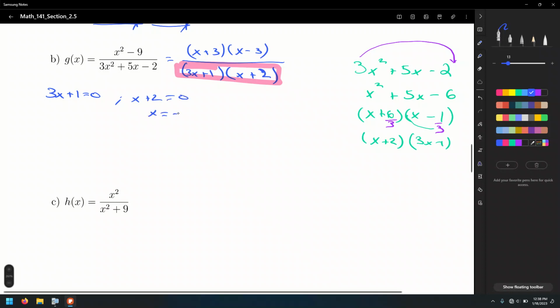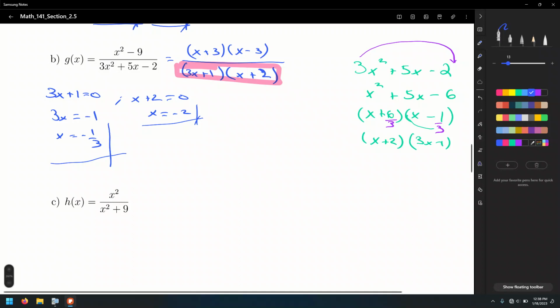So this is x equals negative 2, and this is 3x equals negative 1, and x equals negative 1/3. Those are the equations of the vertical asymptotes. If we were to graph this function, we would see those imaginary lines, or if we do it by hand, we would draw dashed lines at x equals negative 1/3, and another one at x equals negative 2.